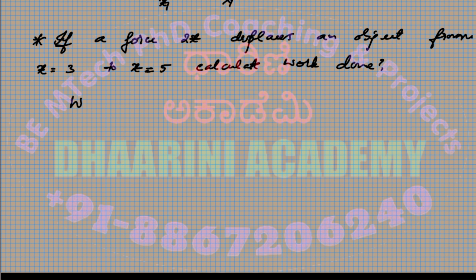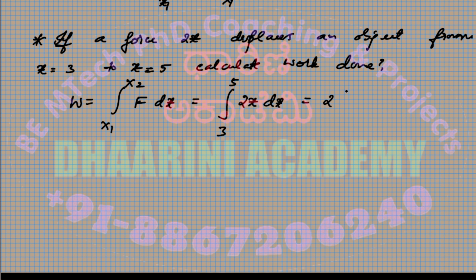So W is equal to the integral, whatever is the x value, so that is 3 to 5, of f into dx, right? Okay, let's write the equation once again for our reference. The equation says this is from x1 starting point to the x2 destination, the force into dx. This is the equation. So this is from 3 to 5, force that is 2x into dx, right?